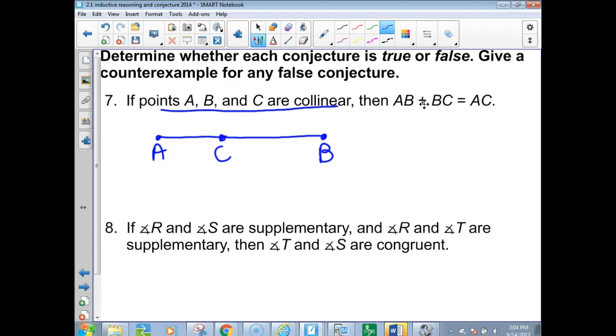Are you with me? I just made this part be true, but this part be false. So this would be a counterexample. This statement was false. I can make a counterexample that shows that it's false.